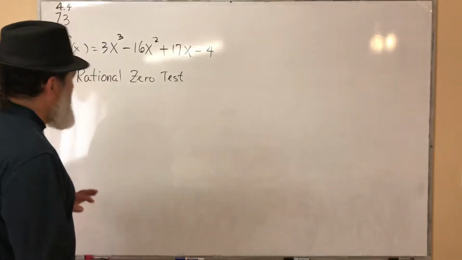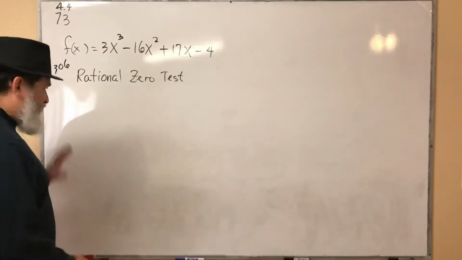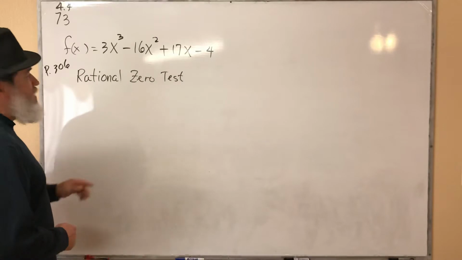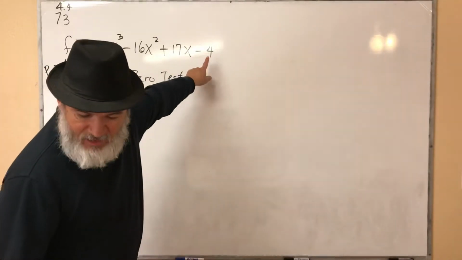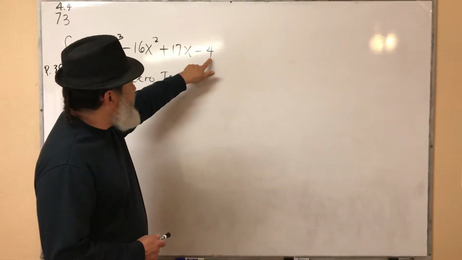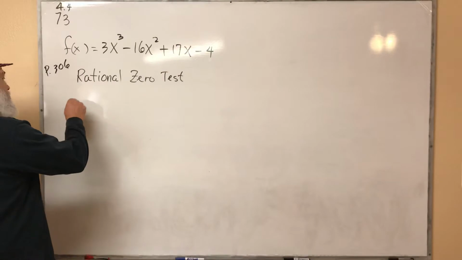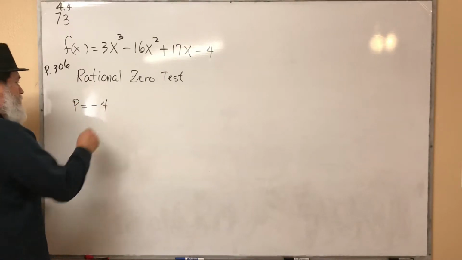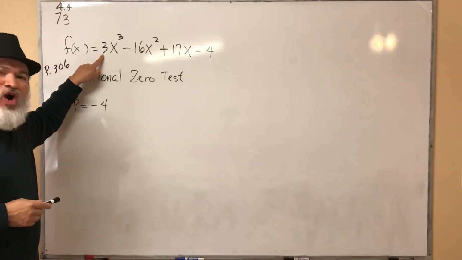It must be in descending order. First, the last coefficient, the constant coefficient, we're going to call it P. And the leading coefficient, we're going to call it Q.